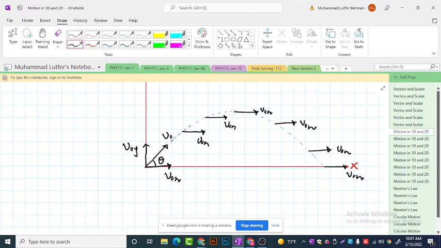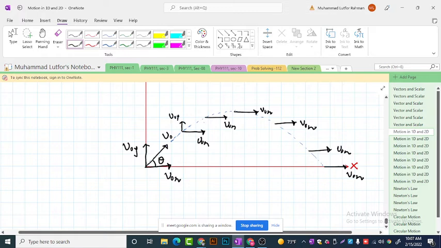So throughout its journey v naught x does not change. The change is only in the vertical direction because it is moving at a constant acceleration. When you throw it, the velocity gradually decreases, so I try to draw this length smaller. When it reaches the top point, v naught y becomes 0.